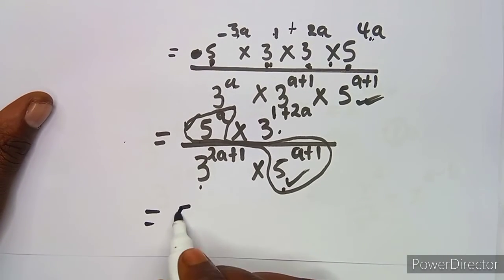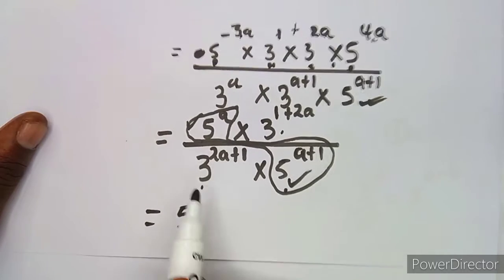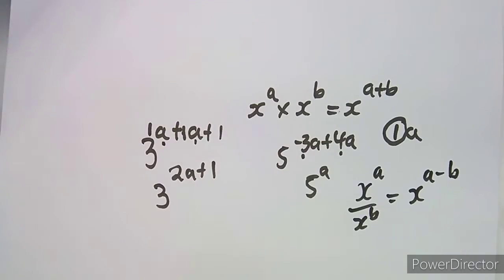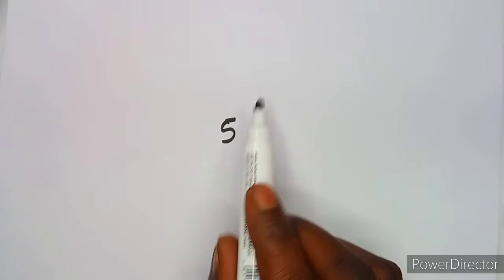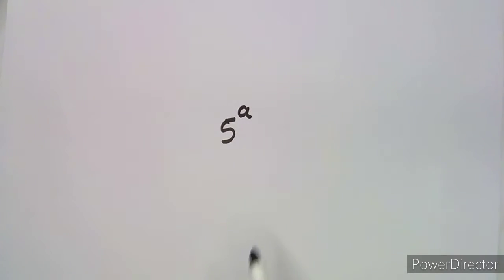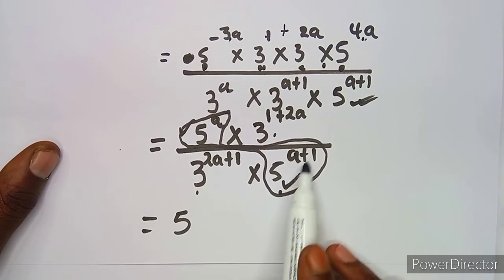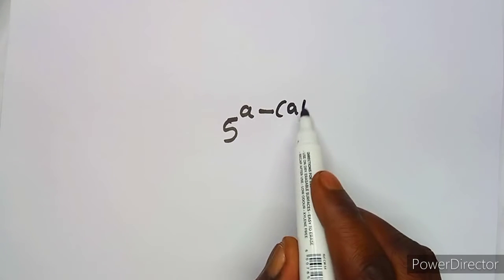We are going to be left with 5. We subtract, so it's a minus this exponent. So take note, guys. We just work out this separately. 5 to the exponent of a, like this, minus, we are subtracting. Which part are you subtracting? You are subtracting a plus 1. So you have to open a bracket to affect everything like this.